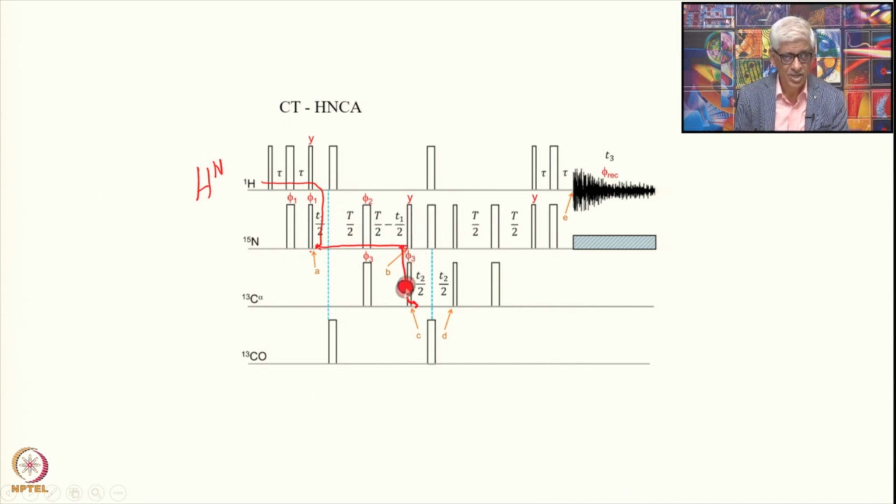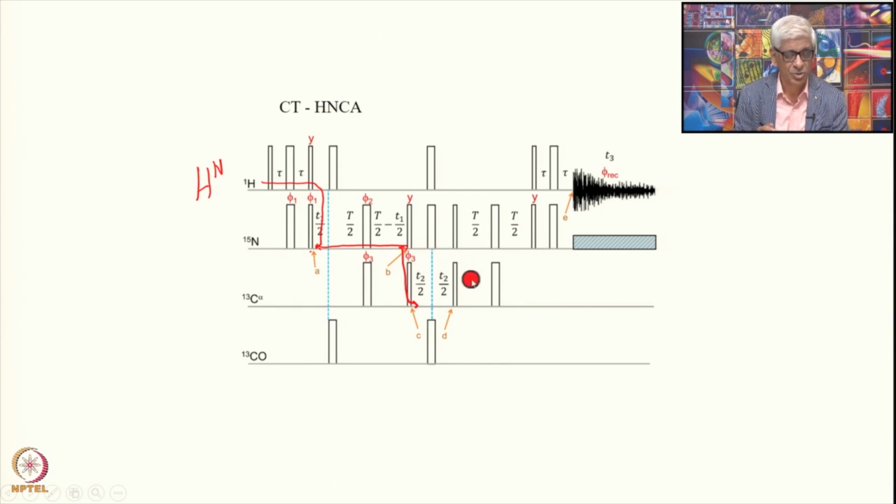Now from the nitrogen it is transferred to the C alpha, and then here you see T2 by 2, T2 by 2 and T2 by 2, this is T2, so total is T2. This is again an incrementable time period, and therefore what is the chemical shift labeling here? If there is an incremental time period, it means there is a chemical shift labeling, that frequency is getting labeled with a particular evolution.